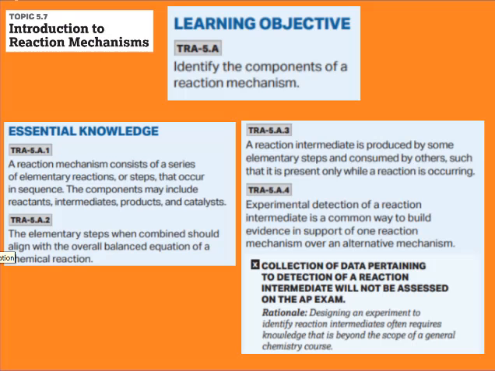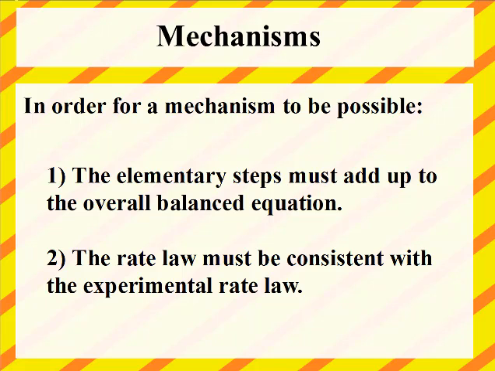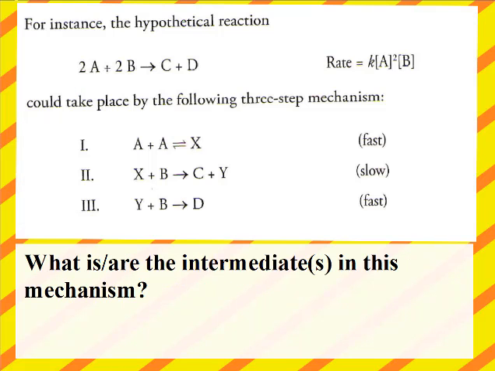So going to read through about mechanisms. In order for a mechanism to be possible, the elementary steps have to add up to the overall balanced equation, and the rate law has to be consistent with the experimental rate law. So intermediates are made in one step and used up in a following step.